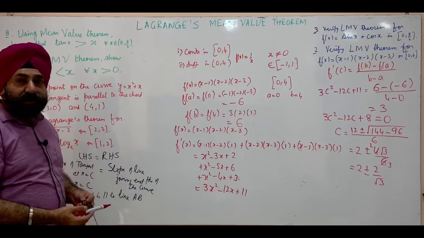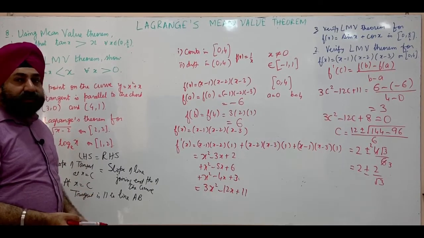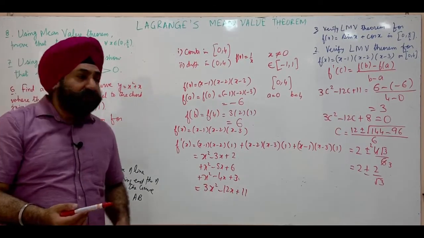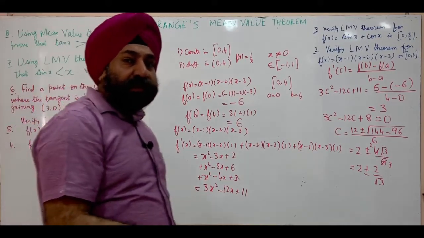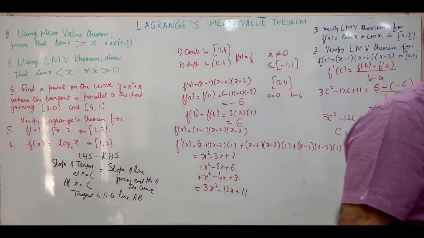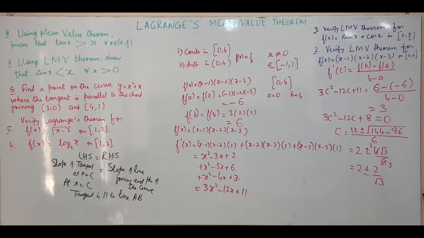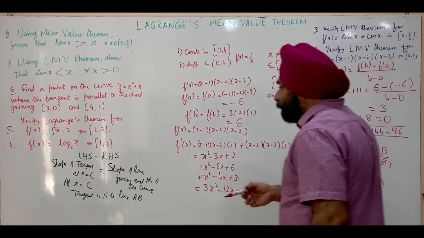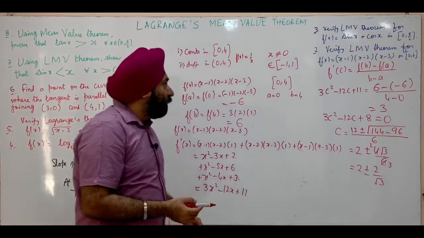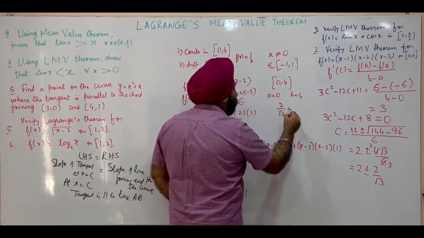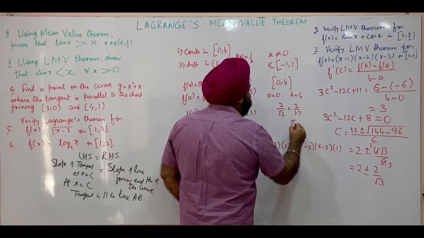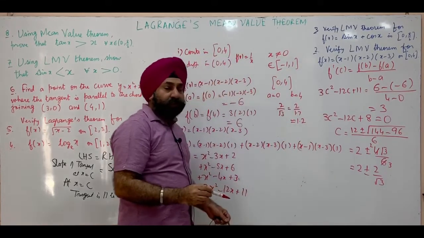So what is the result of Lagrange's theorem? That there exists at least one c for which f dash of c is equal to f of b minus f of a upon b minus a. So we may have two values also. Let us see if both the values lie in the interval from 0 to 4. Now what is 2 by root 3? It's 2 by 1.7, which is approximately 1.2.